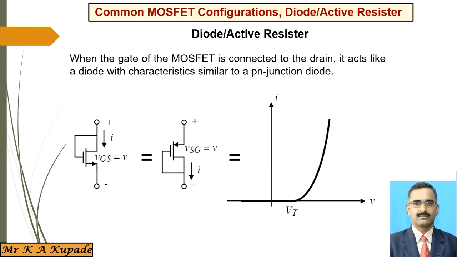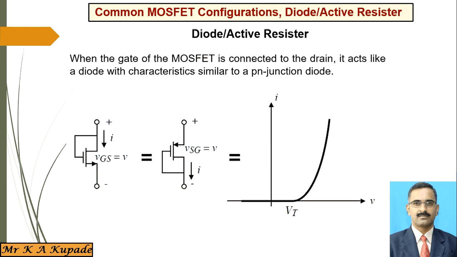But the substrate is grounded, so the P type and N type regions are in reverse bias, and no current flows through the P type substrate.